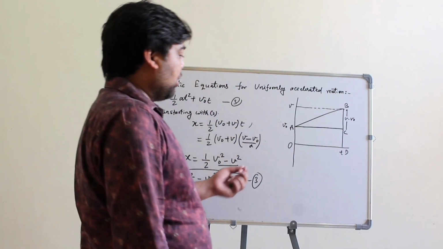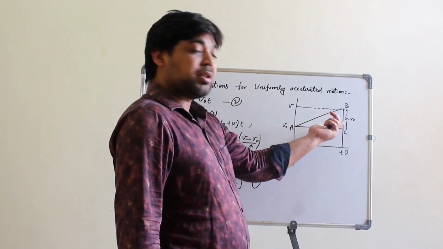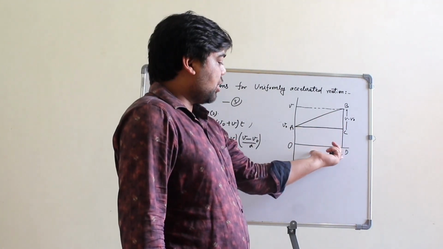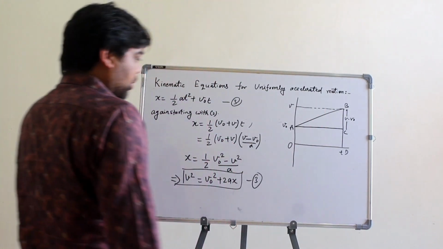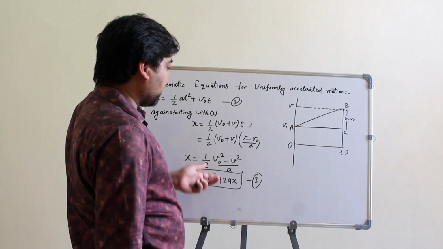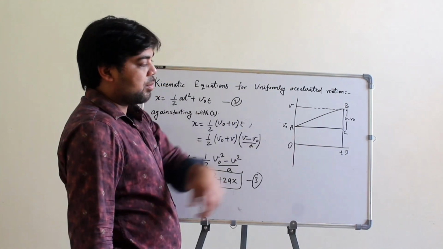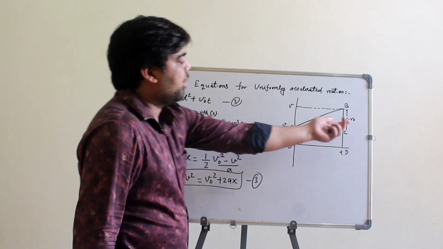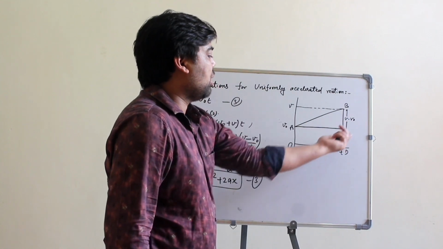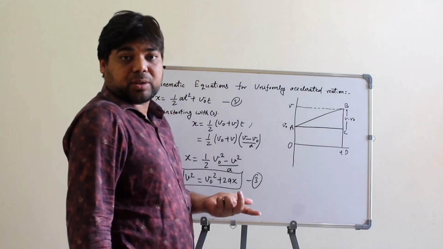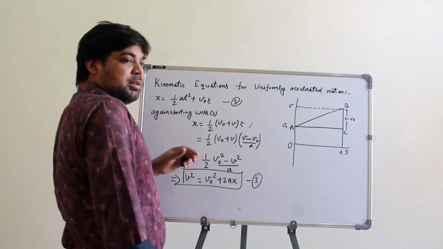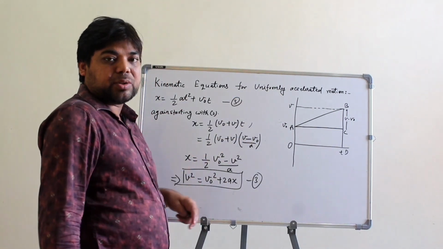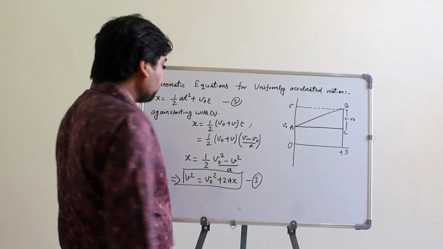For continuously changing velocity, we get the instantaneous velocity. Here we have been taking an average.